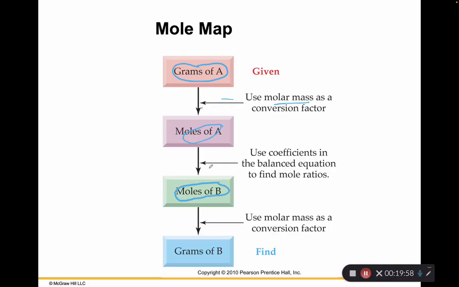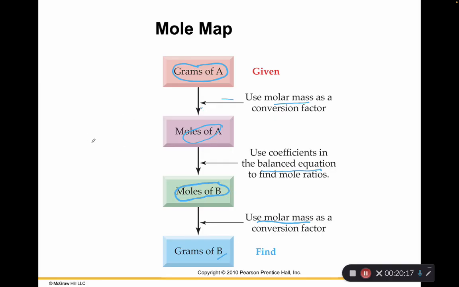These two ratios we get from the balanced equation; we use the coefficients to show the relation between them. Once we have the moles of B, we again use the molar mass to convert into grams.